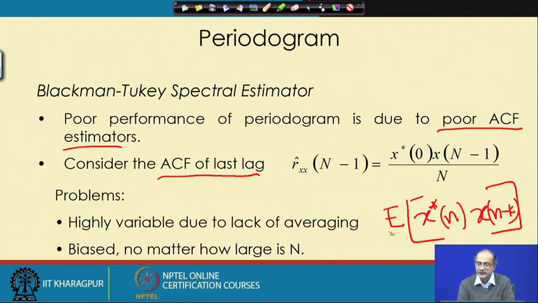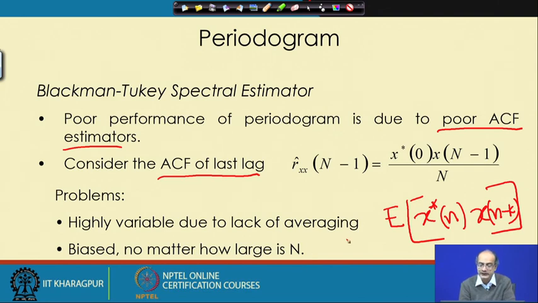That expectation was replaced by the summation here, using the concept of ergodicity of the sequence: that this is a stationary sequence and the averaging in the random space can be replaced by averaging in the time domain. With that averaging missing, we pay a penalty and get high variability in the estimate.